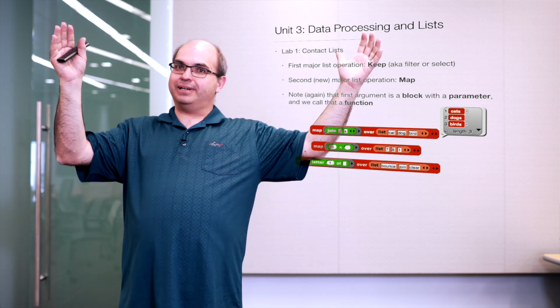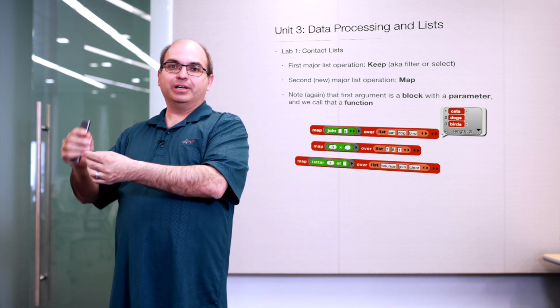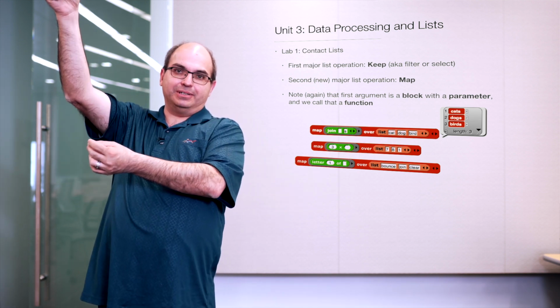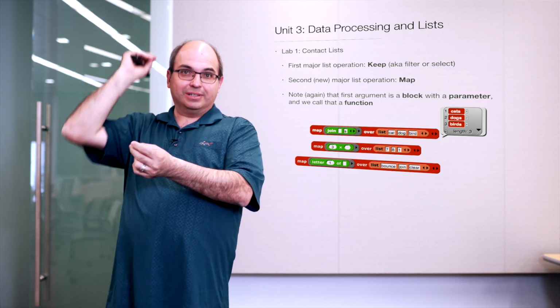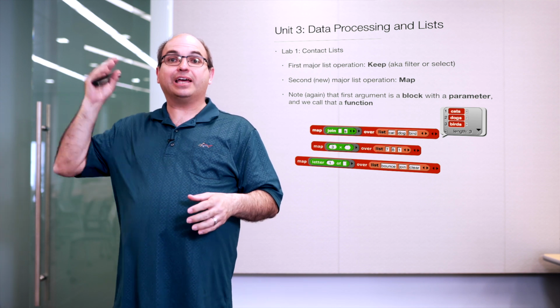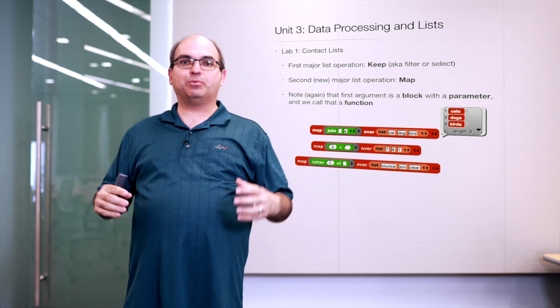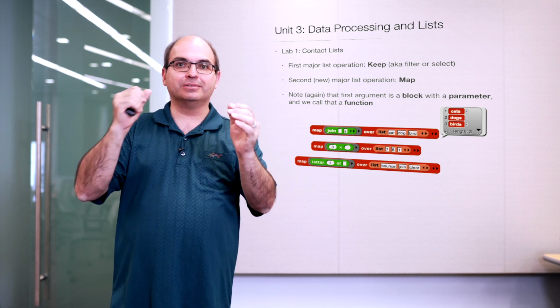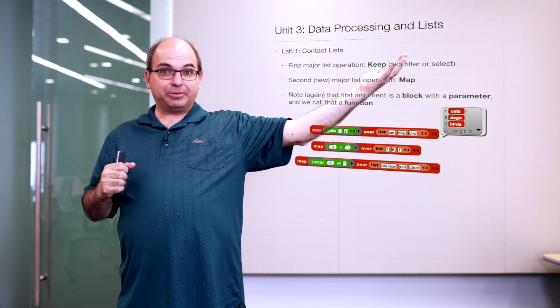1 through 10, 10 elements. This new list is going to have 10 elements. The first element is twice the first element of the original list. 2 times 1 is 2. The second element is twice the second element of the original list. 2 times 2, that's 4, and so on. I'll get 2, 4, 6, 8, all the way up to 20. That's what happens when I map the operation 2 times to the list 1 through 10.